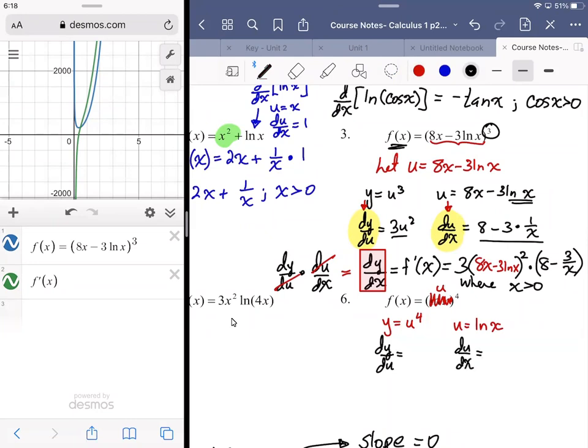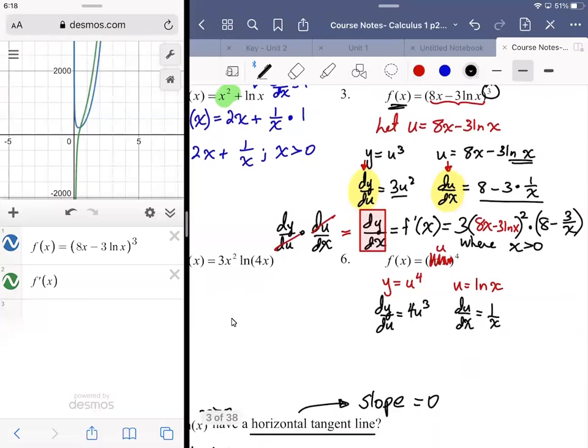U to the 4th has a derivative of 4u cubed. ln of x has a derivative of 1 over x. dy du multiplied by du dx simplifies down to dy dx, which in this context is f prime of x, which would be this expression multiplied by this one.